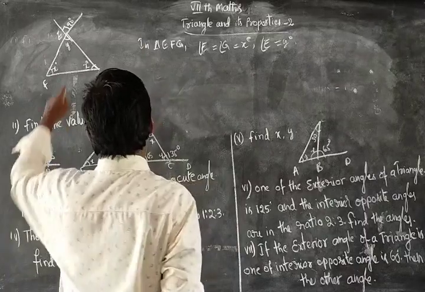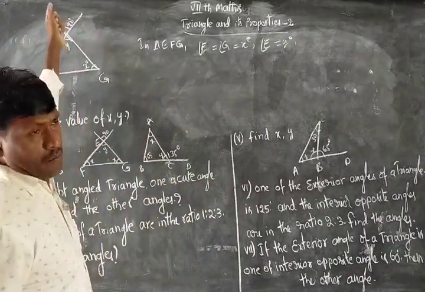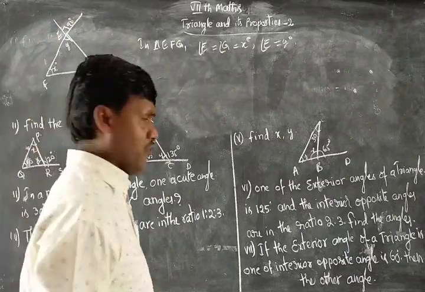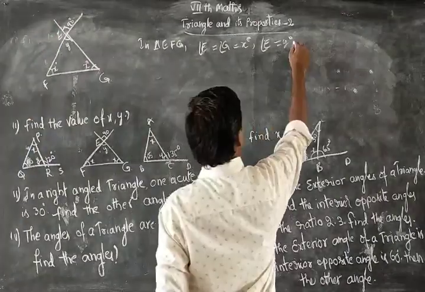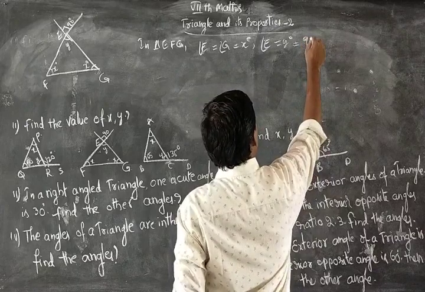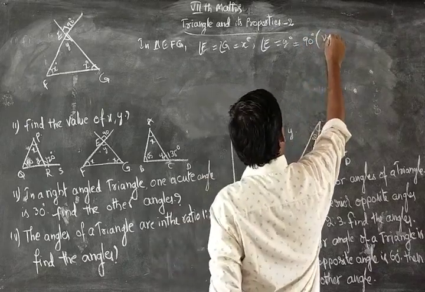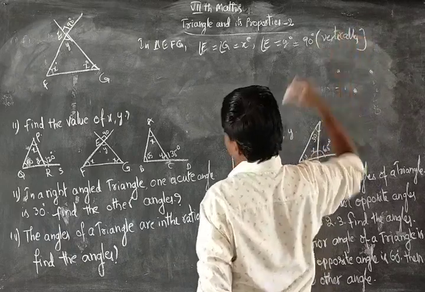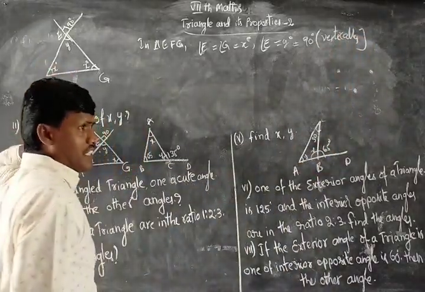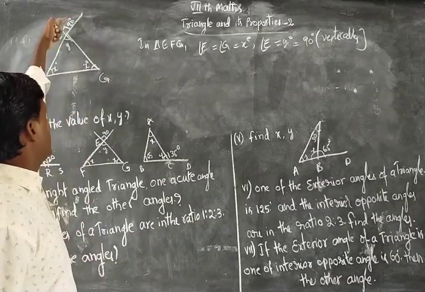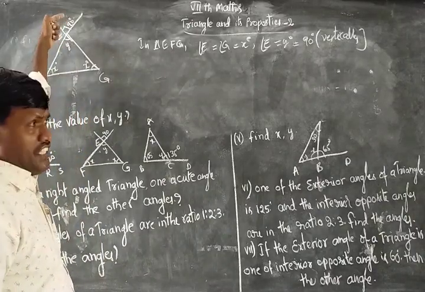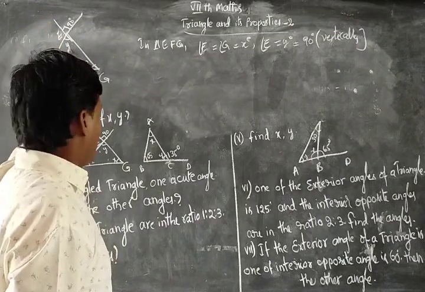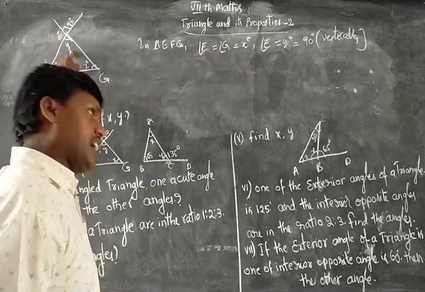But here y is equal to 90 because vertically opposite angles are equal. Why is it? Angle y is the vertically opposite angle of 90 degrees. So in EFG we got the y value. How much is it? 90 degrees.